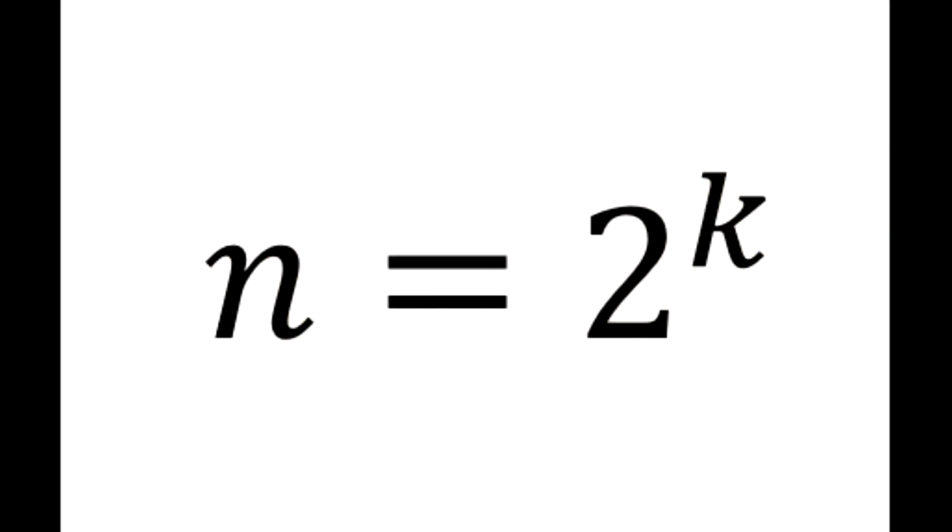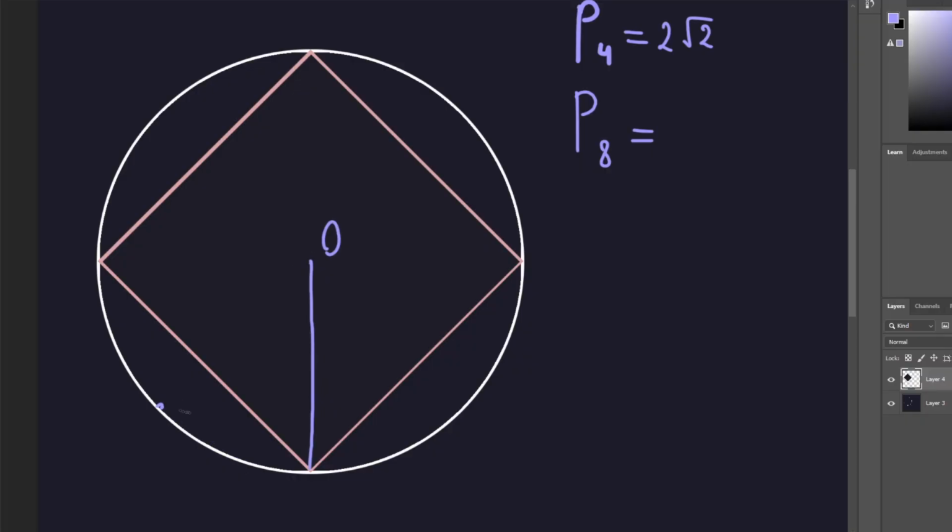So in order to make our life easier, we will look only at those n that have the form of 2 to the power of something integer, of course. That's why after a square we will be looking at an octagon, and after that we would have to look at the 16-sided polygon. So let's look at the regular octagon that is inscribed into the circle with diameter 1.